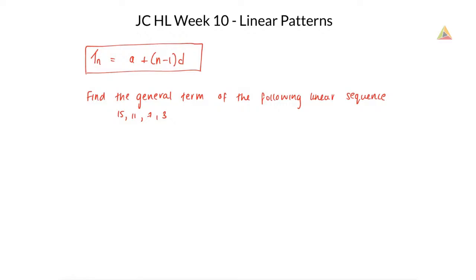Okay, so we're just going to look at each of the components. So A is always your starting term. Okay, so A is always the starting term or first term. D is the common difference. And n is the term number.